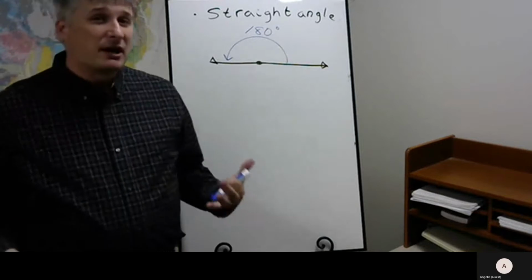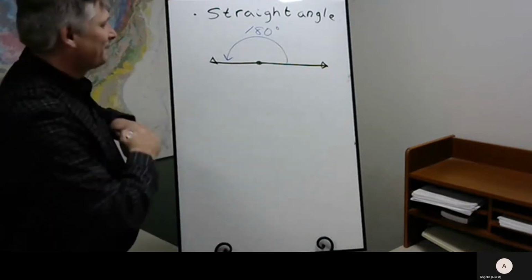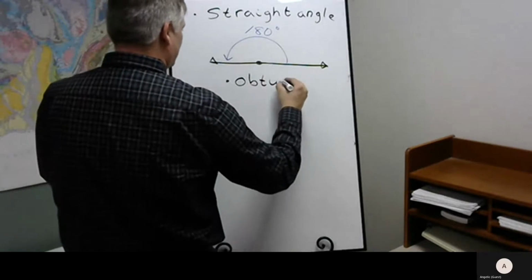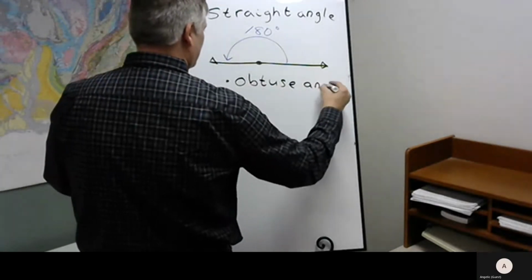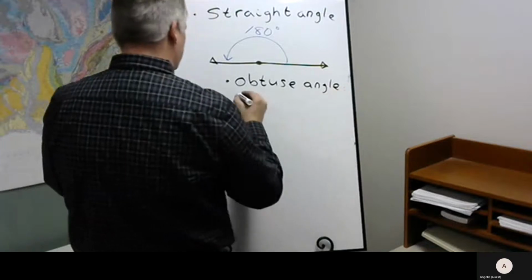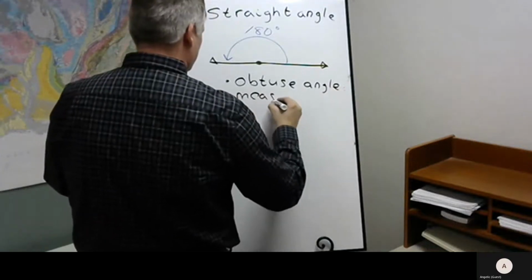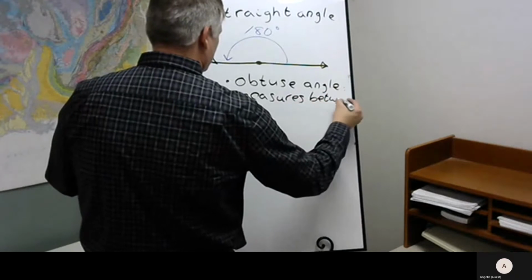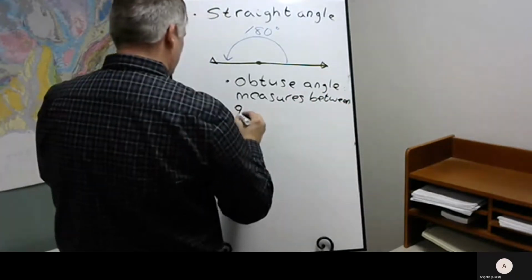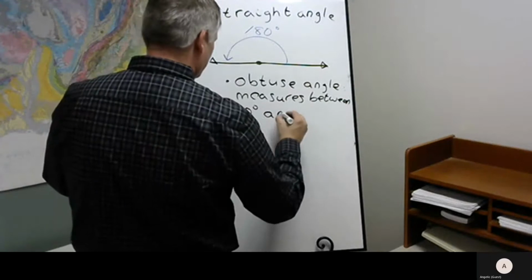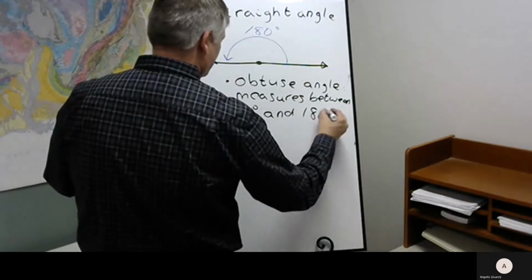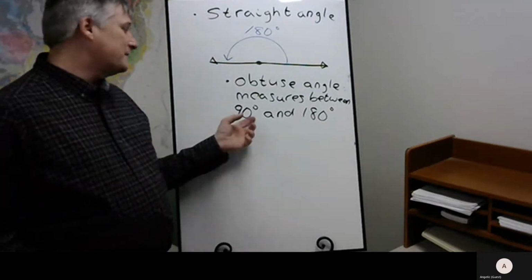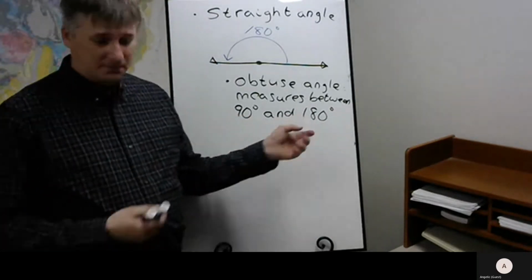So this brings in another kind of angle called an obtuse angle. An obtuse angle measures between 90 degrees and 180 degrees.